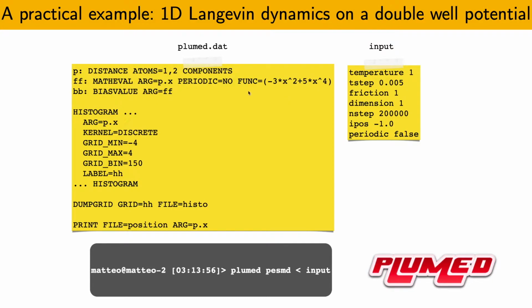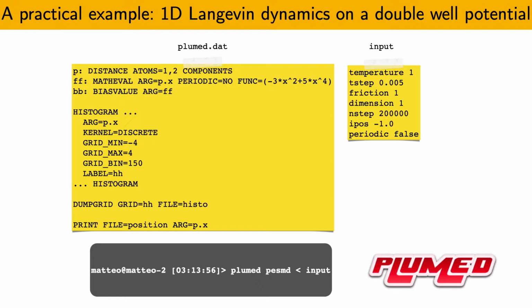This function defines the potential associated to this monodimensional variable space, and this command here tells us to apply that potential to define the dynamics in this monodimensional space. Then we are also collecting a histogram of the position along this collective variable space and printing it to file.